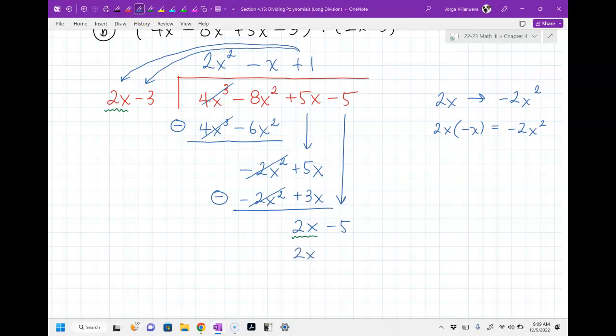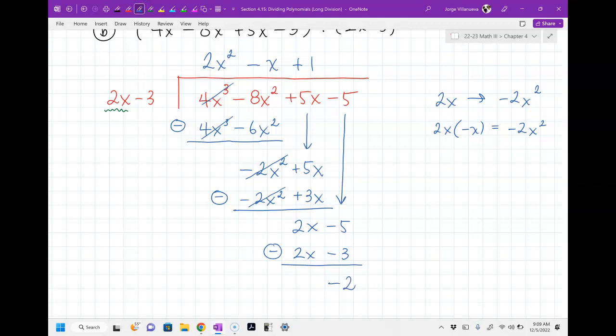And 1 times negative 3 is negative 3. I'm going to subtract this. Let me get rid of the squiggly line there. So 2x minus 2x is 0. Negative 5 minus a negative 3. What do I get? Negative 2. And I'm done.